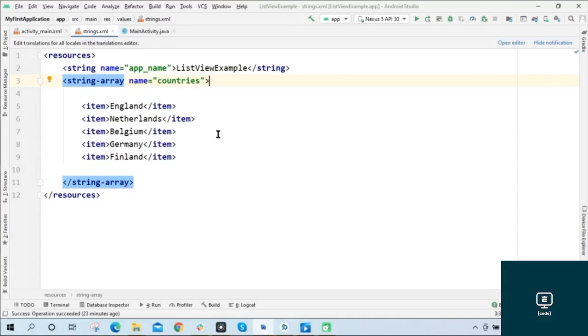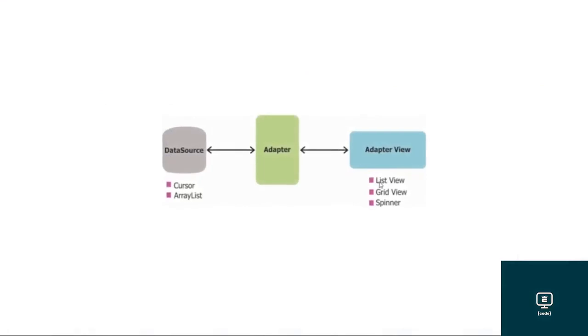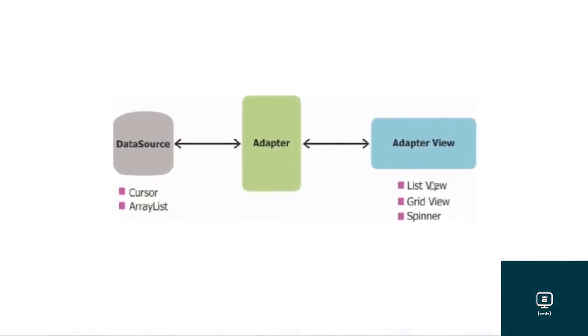So let me just show you with a picture, because it's very important. I want you to have a look at this in detail. We will use the adapter in some of the other components as well. So now we're going to use this adapter for the spinner, but we'll also use it for the list view and the grid view in some of the next videos.